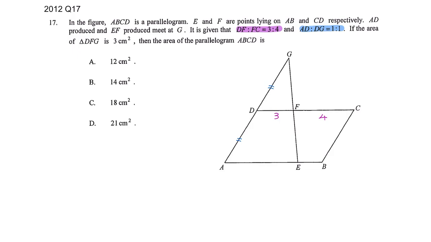Alright, there's one more information that's very important actually. The area. Oh, one of the areas given. That's a very good thing because you can now use ratios. How do I do that, right? So I know that triangle DGF, this little triangle here, that area is 3 cm, so you can write it there, 3 cm square.